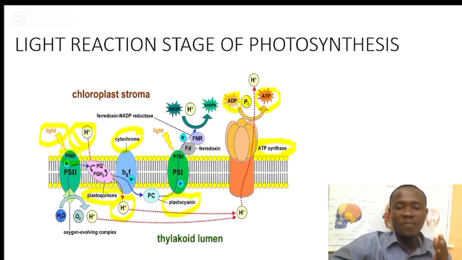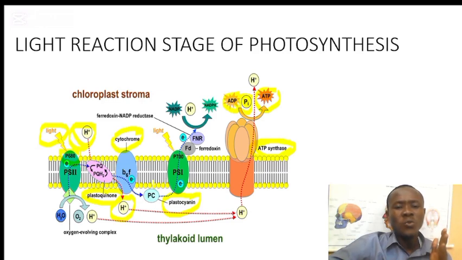The ADP is called adenosine diphosphate. This adenosine diphosphate will be phosphorylated by an inorganic phosphate to form what we call ATP, adenosine triphosphate.